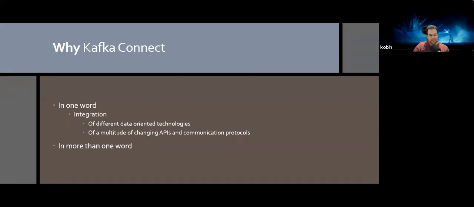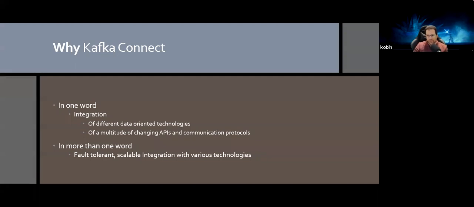If I said that in one word it's integration, then in more than one word, we also want to make sure that our integration layer is fault tolerant and scalable. Because when we are bringing data from this wild west of sources and sinks of data, we want to make sure we don't lose anything on the way, or that we lose as little data as we can.